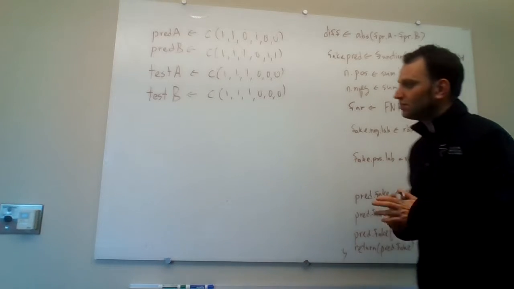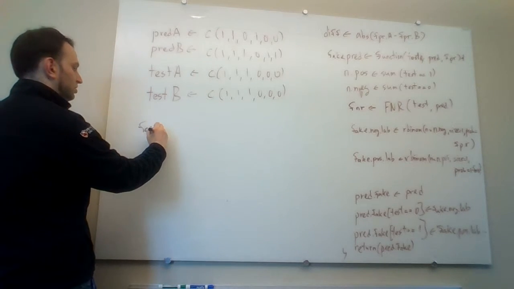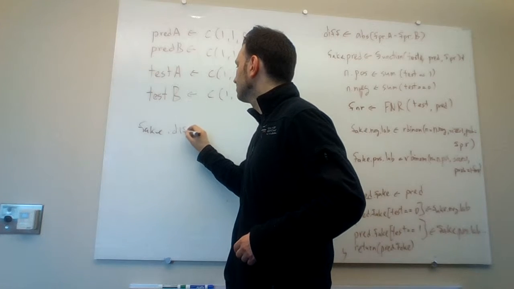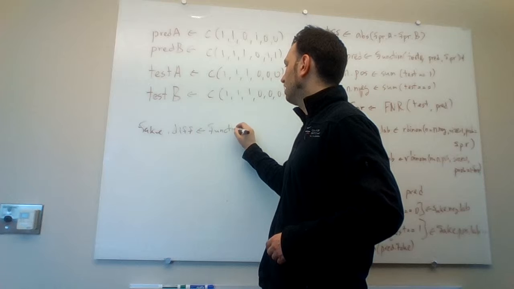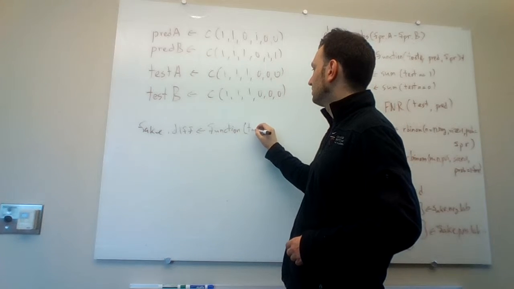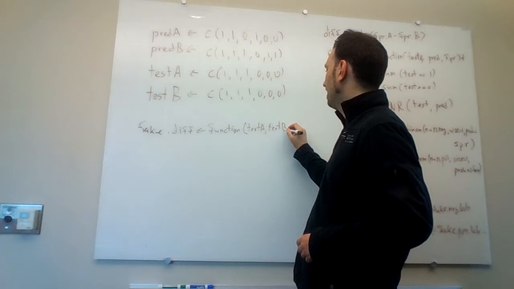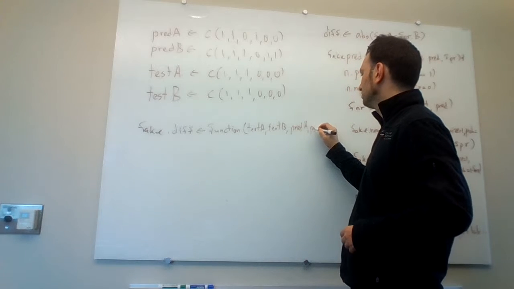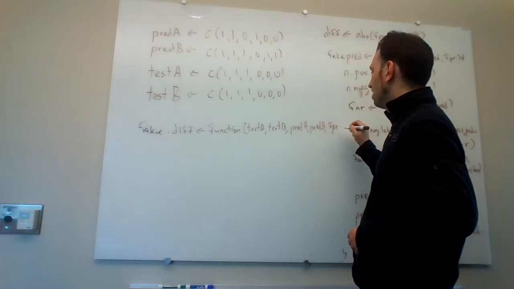Okay? So let's write a function called fake diff, like so. And it's going to be a function, and it's going to take test A and test B, and pred A and pred B, and it's going to take the FPR.